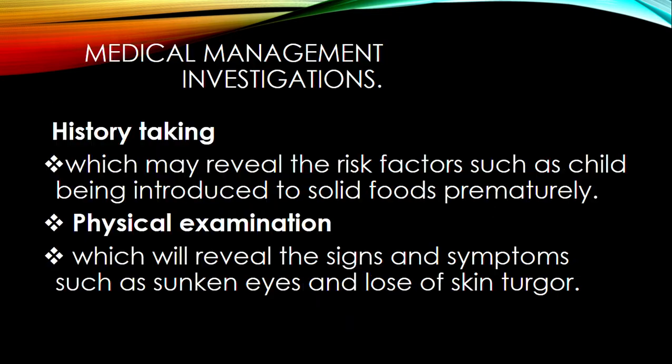So now they have just come, what are the investigations that you're supposed to do? Because it's an emergency, first things first, you have noticed that the child is unconscious, you have seen that there is sunken eyes, you've seen that they are in shock, you need to act fast.